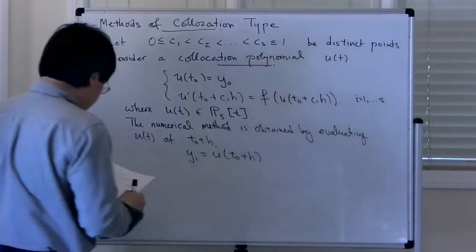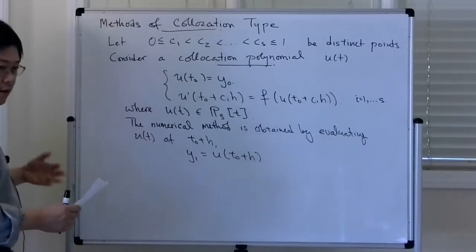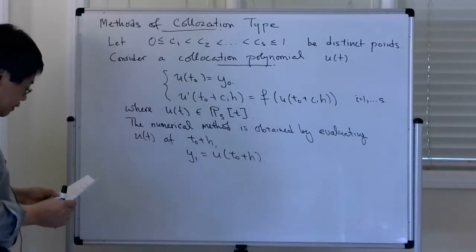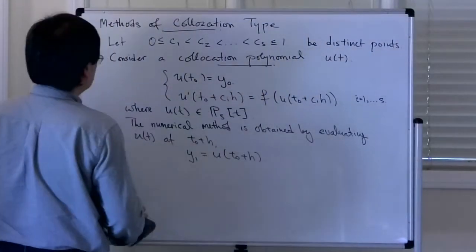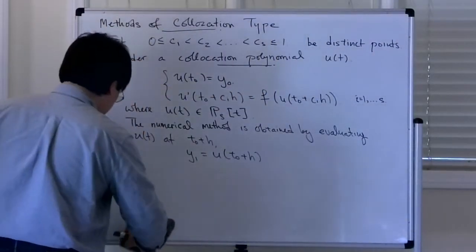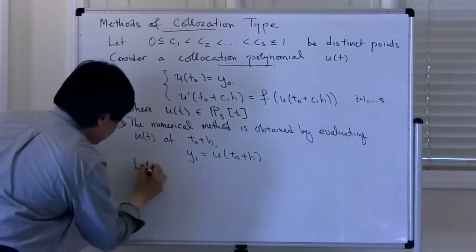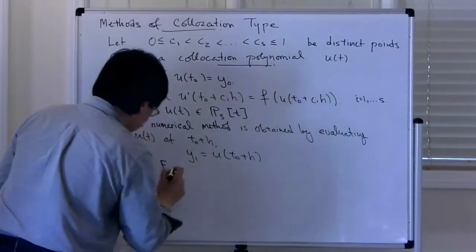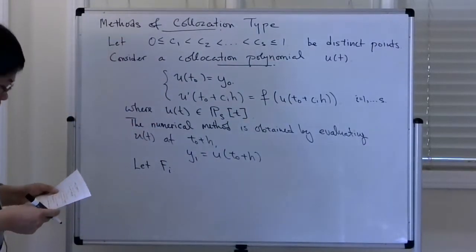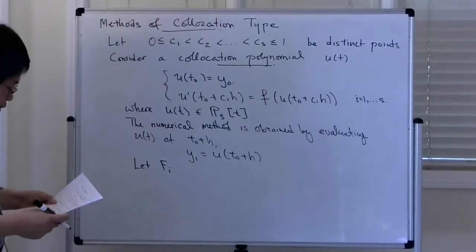So you might ask, how do you actually go about writing this down, and how is this related to a Runge-Kutta method? Let me just keep on going. Let's say that you have these f_i's, which are the values of the derivative of the interpolating polynomial at the nodes, and you don't happen to know what they are yet.